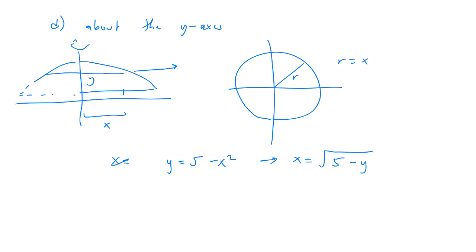I'm only looking at this part in the first quadrant, so I don't have to worry about the plus or minus when I take this root. So I get that. And now here I'm doing it in terms of y's, so I need to remind myself that this is the point 0, 5.